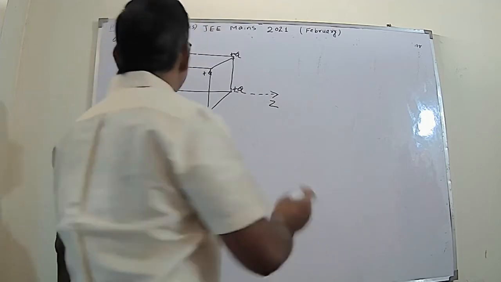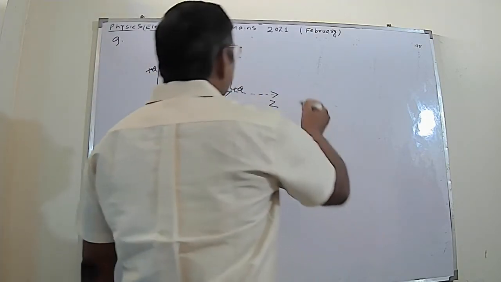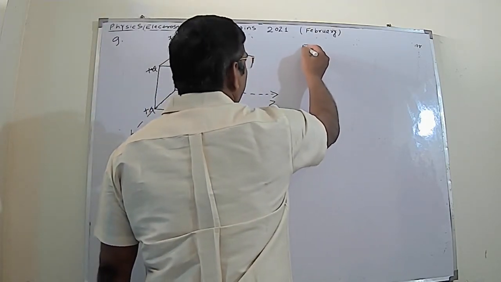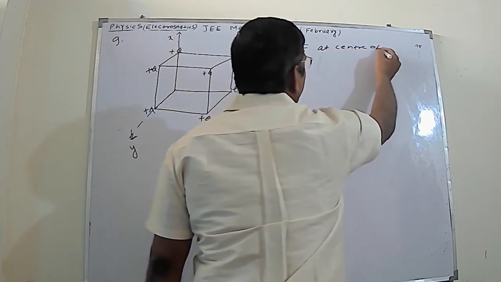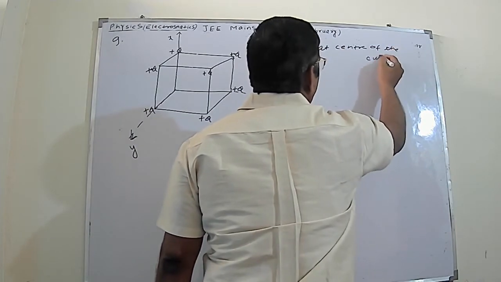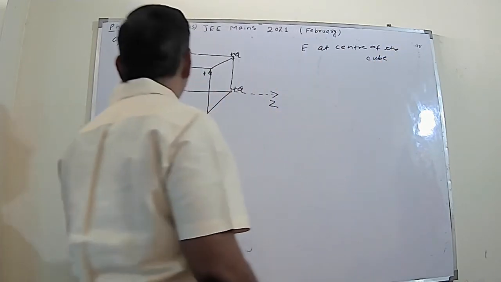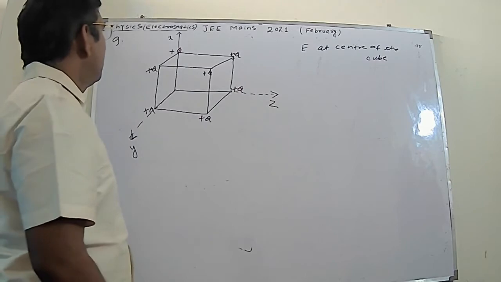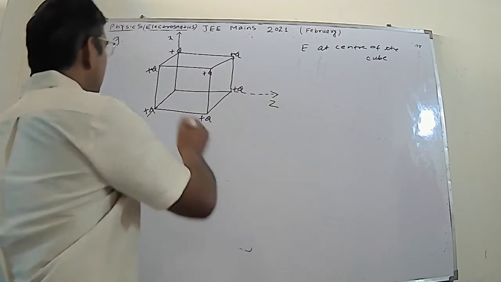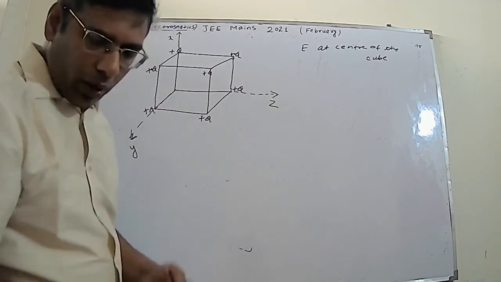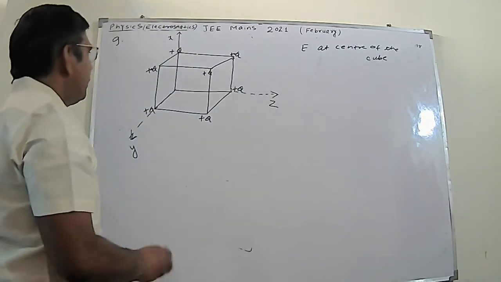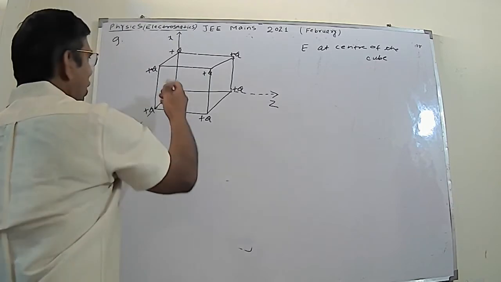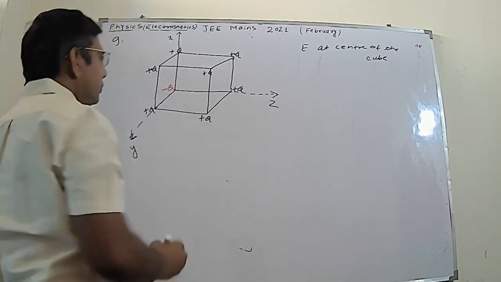Okay, so in this problem we have to find the electric field E at the center of the cube. Here all the corner charges are plus q, but at the origin it is minus q.